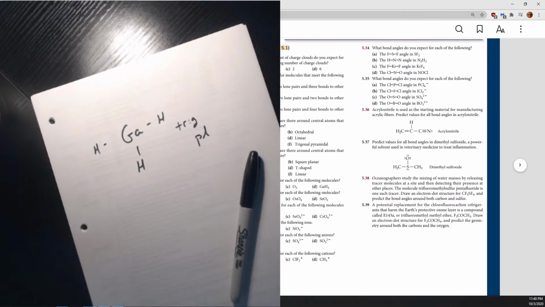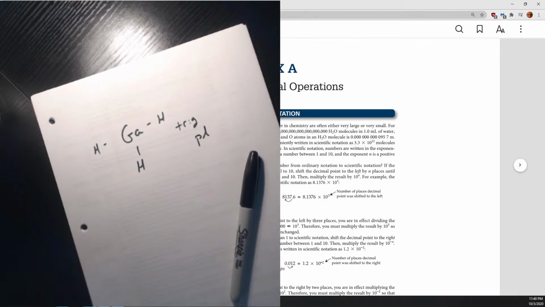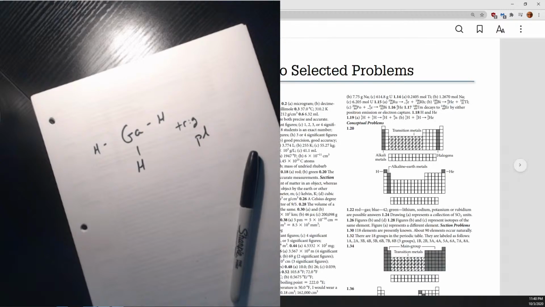Actually, let's go ahead and check the appendix. Some of those are weird. Let's see what the book says.